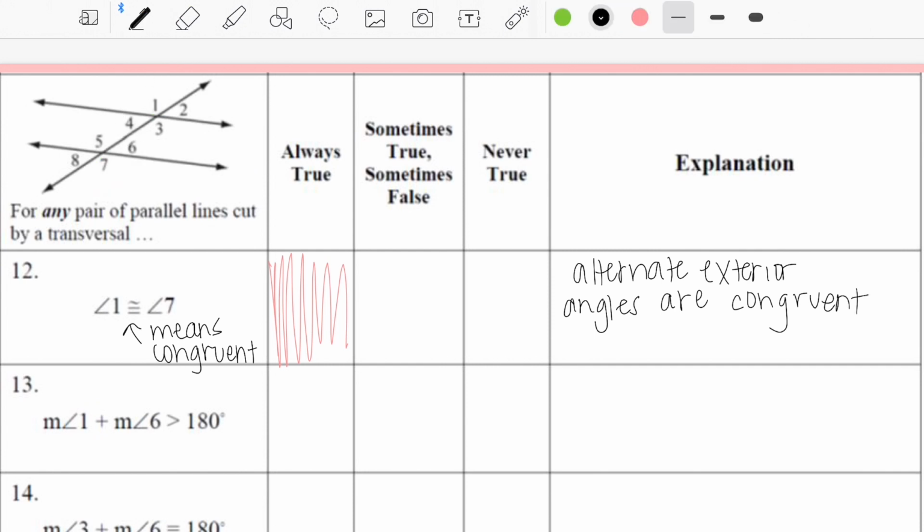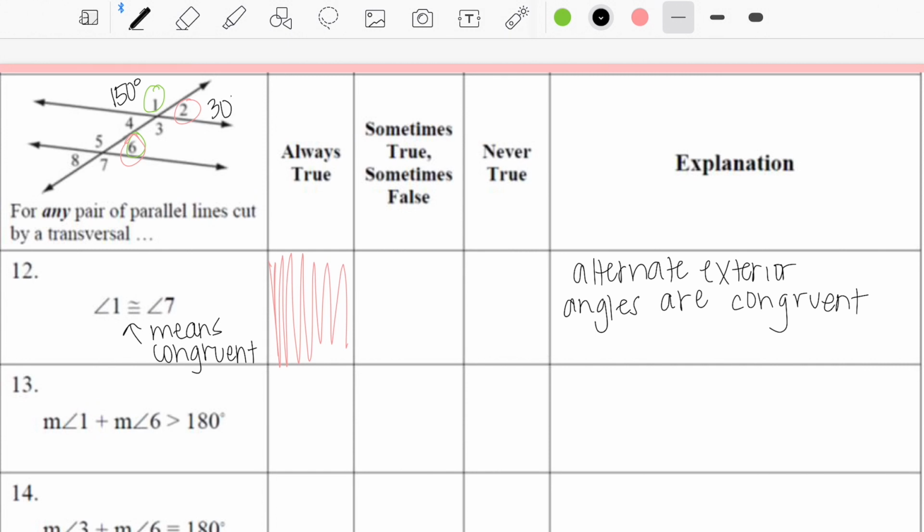Our next example has us looking at angle 1 and angle 6. The measure of angle 1 plus the measure of angle 6 is greater than 180 degrees. Well, angle 6 and angle 2 are corresponding, which means they have to be the same. So for the sake of guessing and checking, let's say angle 1 is 150 degrees.